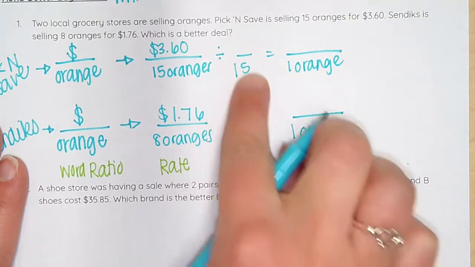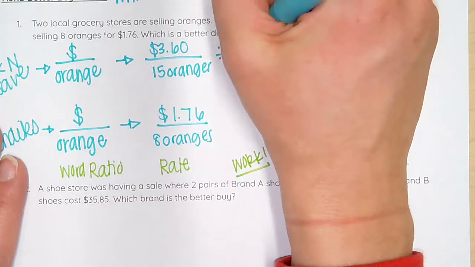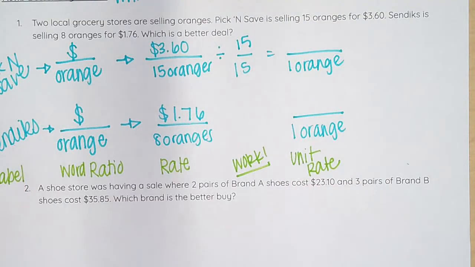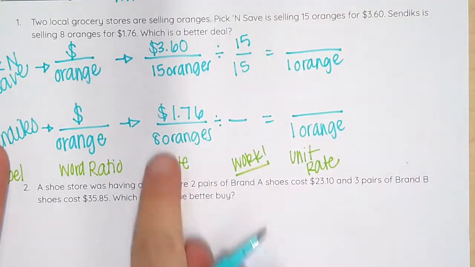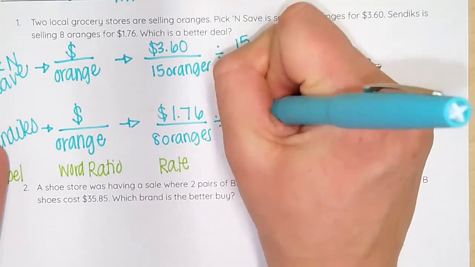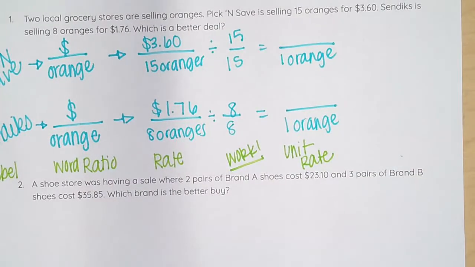Because I divide my denominator by 15, I divide my numerator by 15 as well. Down here, I divide by 8 over 8. And now I simply do my division, and I can do that with my calculator.